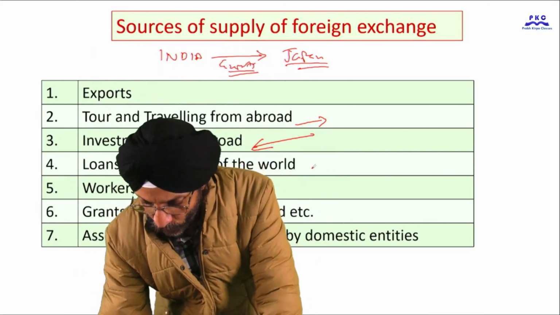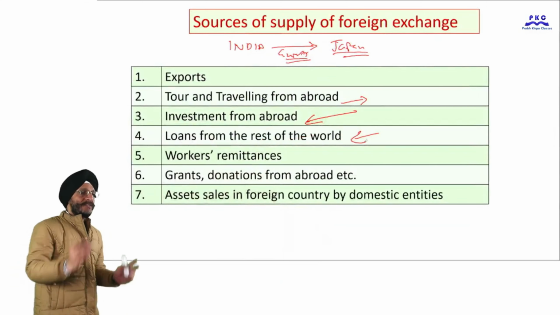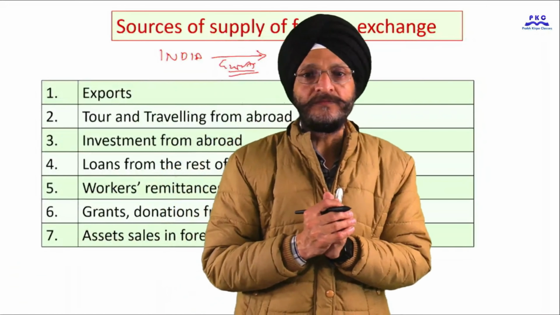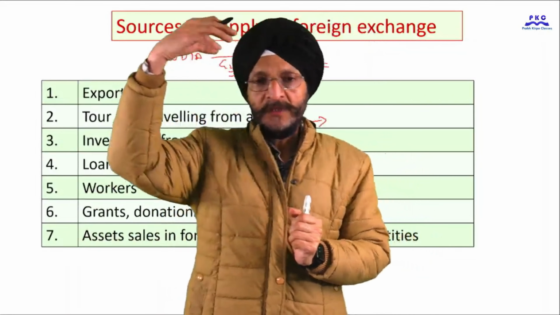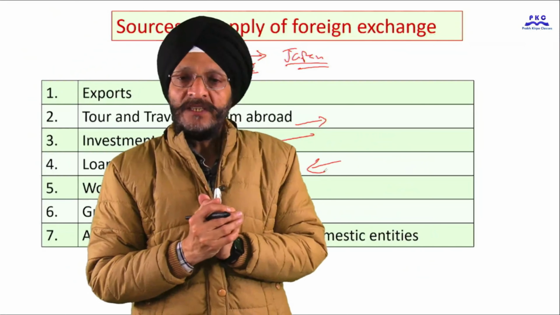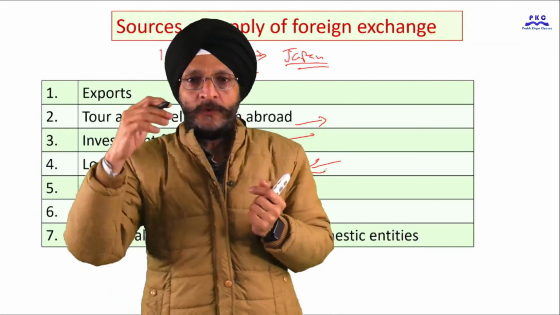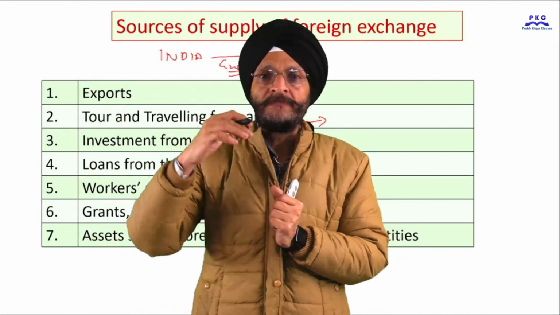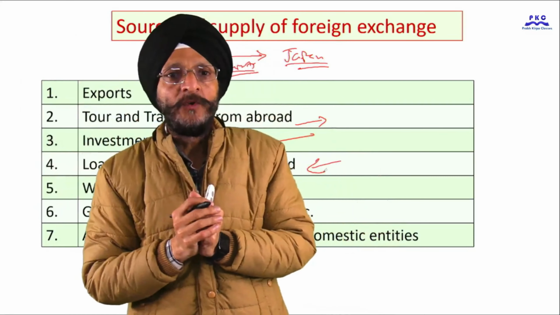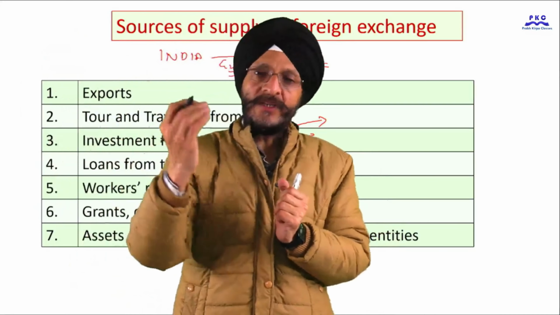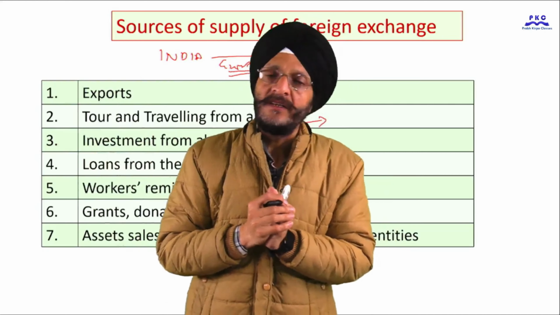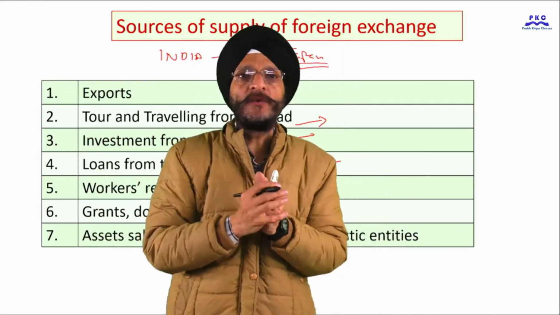When we get loans from the rest of the world, that is from foreign governments or foreign banks, the foreign exchange comes into our country, there is supply of foreign exchange.